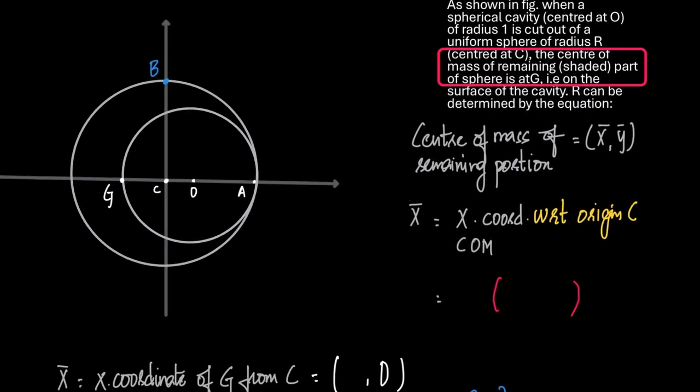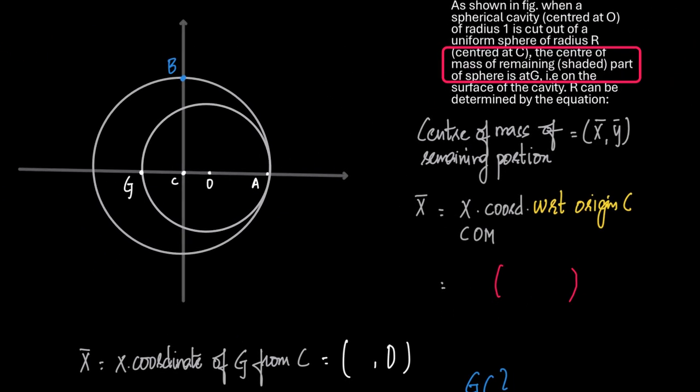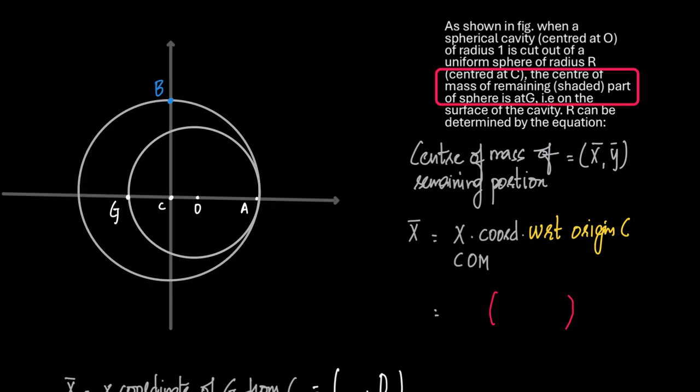Now let's see the center of mass of the third figure, which is actually the composite figure, right? So we assume that the center of mass of the remaining portion, the composite figure, is x bar comma y bar, and x bar is the x coordinate of the center of mass with respect to origin C. Now what is that length?